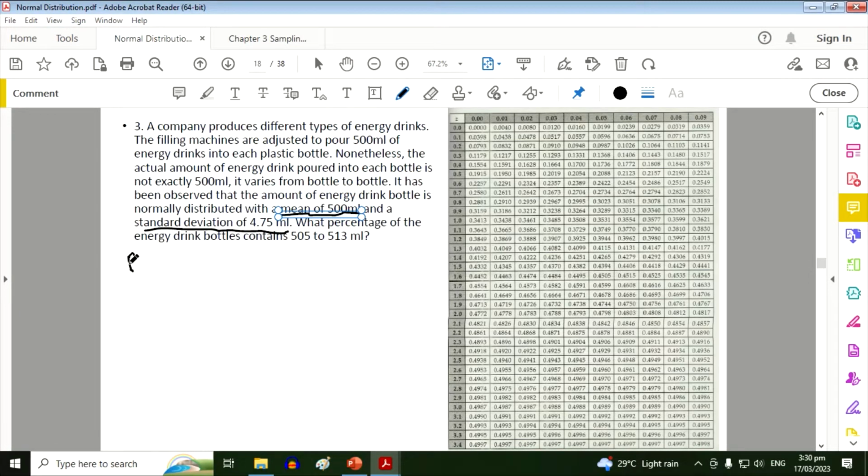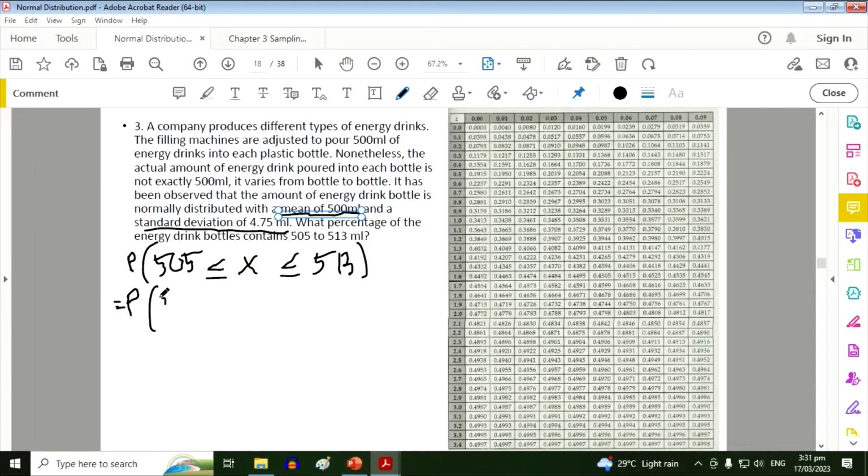So we are asked to find this probability. It contains, so less than or equal, because it can also hold 505 ml. On the right, we have 513. So we'll convert this again to z using the same formula.